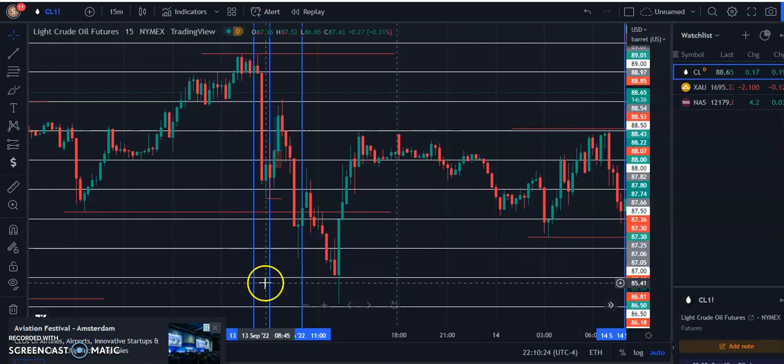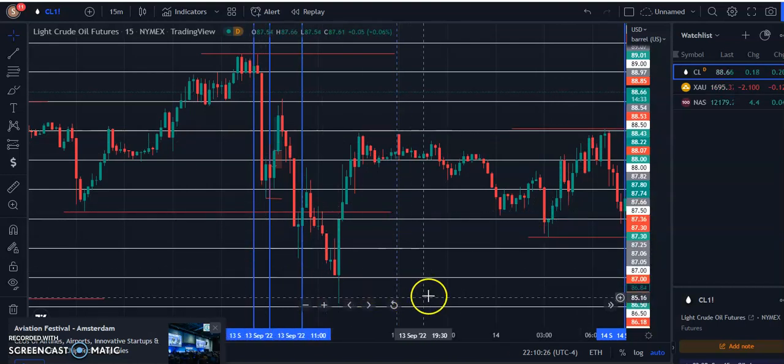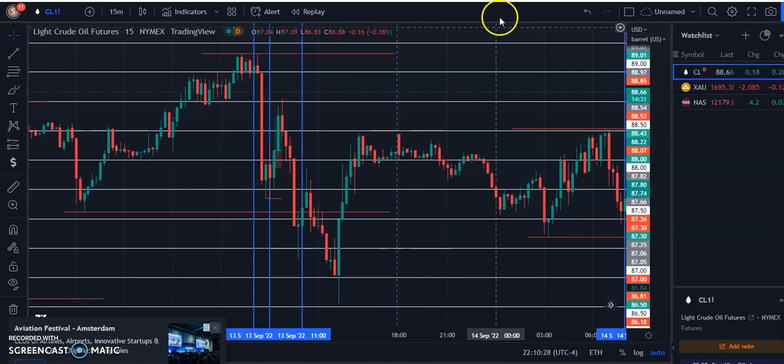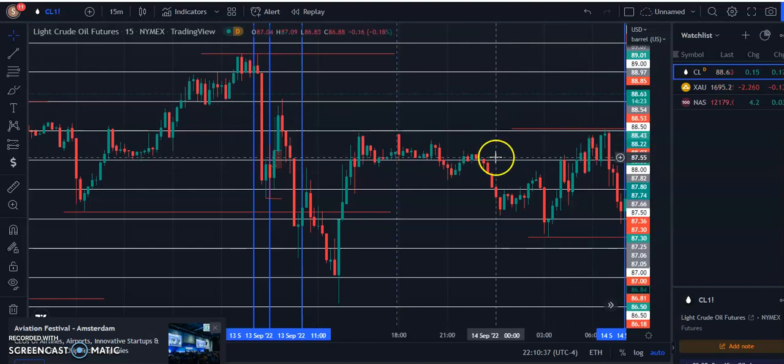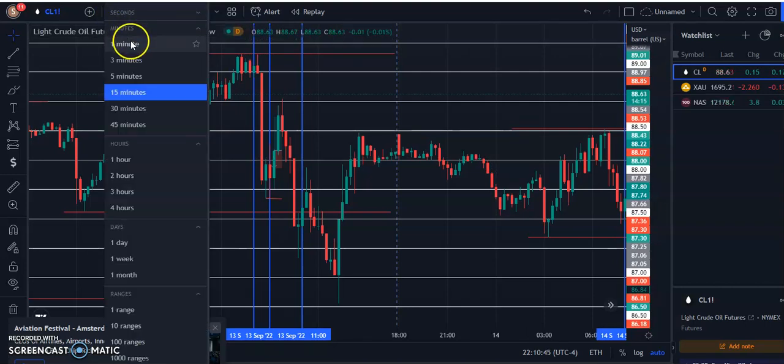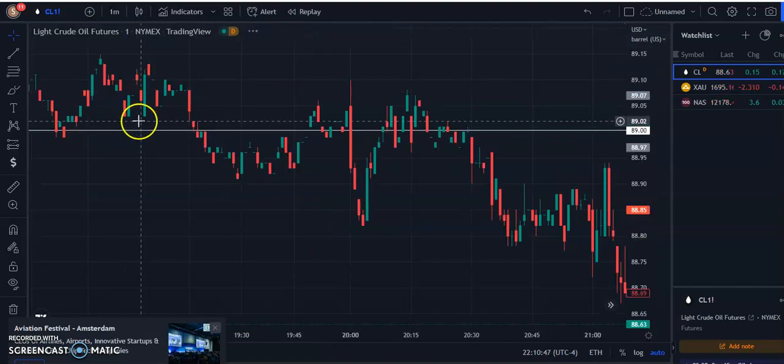Now, also, we have our previous day's low down here and our previous day's high up here. So we are inside the previous day's high and low. Now, with that in mind, the next thing is, the first hour sets the high and the low of the session.